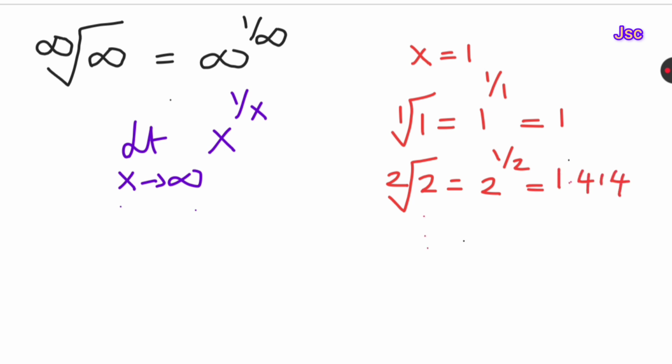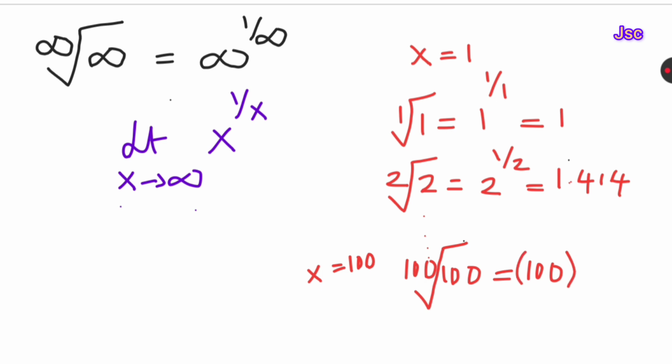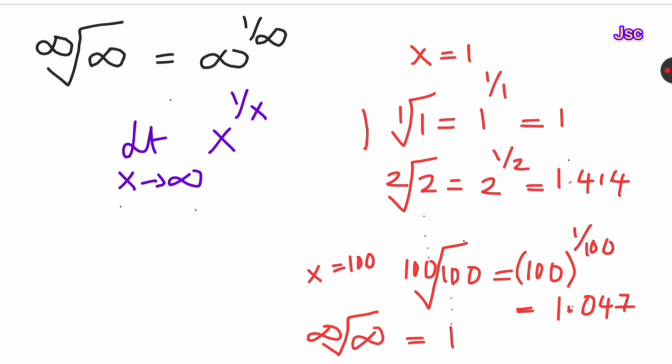And keep on going. If we take x as 100, the 100th root of 100, we can write it as 100 raised to the power of 1 over 100. The value is 1.047. If we keep on going and take infinity root of infinity, the value approaches 1. As you can see, as x approaches infinity, our result approaches 1.